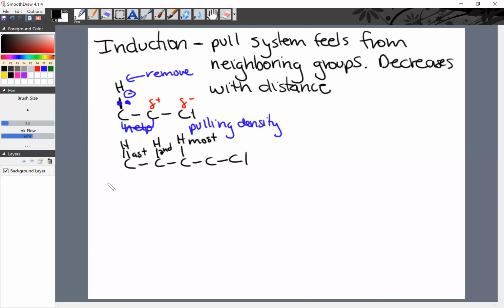And then, of course, resonance. Well, if you want to have resonance, you have to match all the conditions of resonance, and that doesn't matter about distance. So if I had resonance and I had a chlorine right here, well, you still get resonance no matter what.